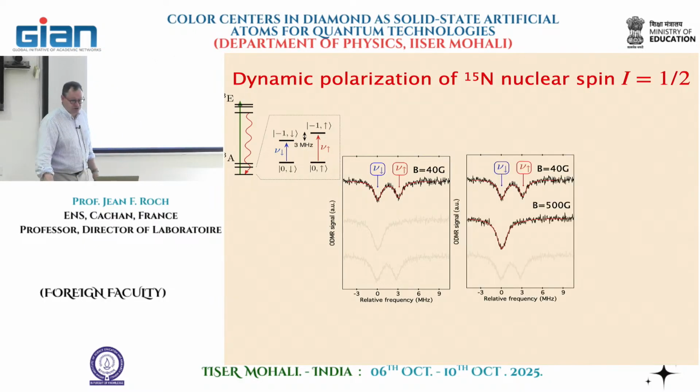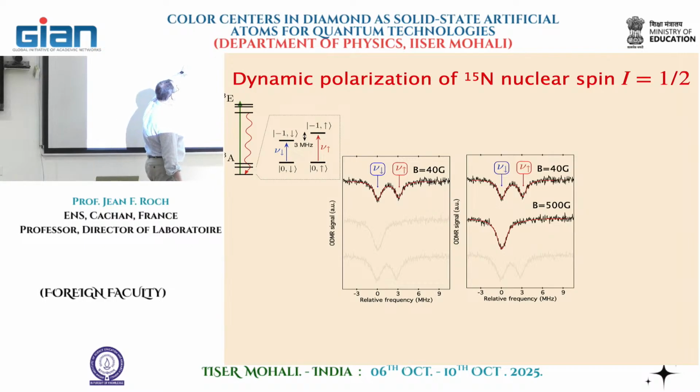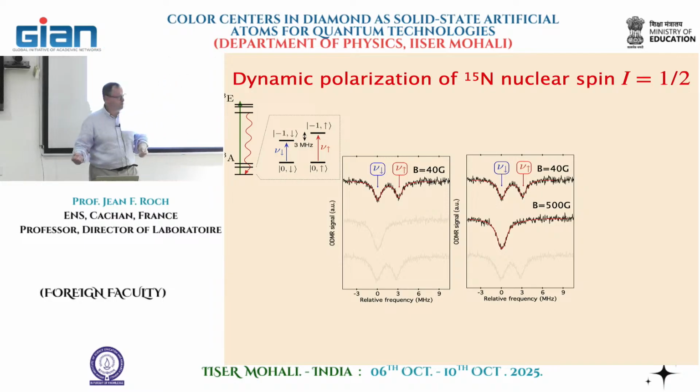If I now go close to the level anticrossing, applying this magnetic field of 500 gauss, you see that this peak disappears, and that peak is increased just due to the polarization transferred to the nuclear spin.